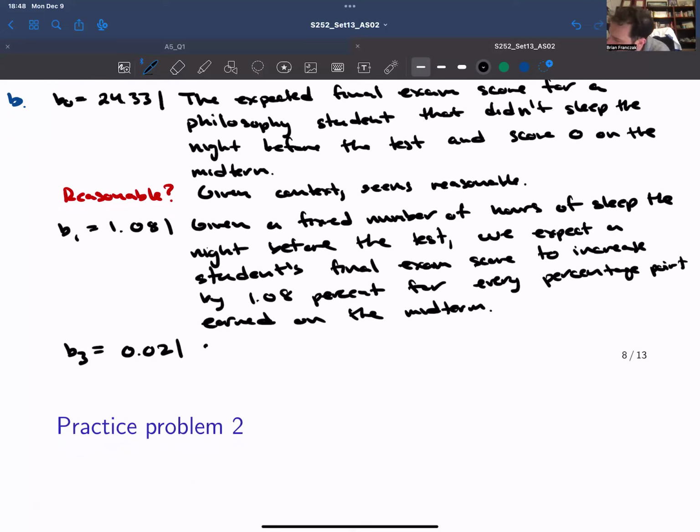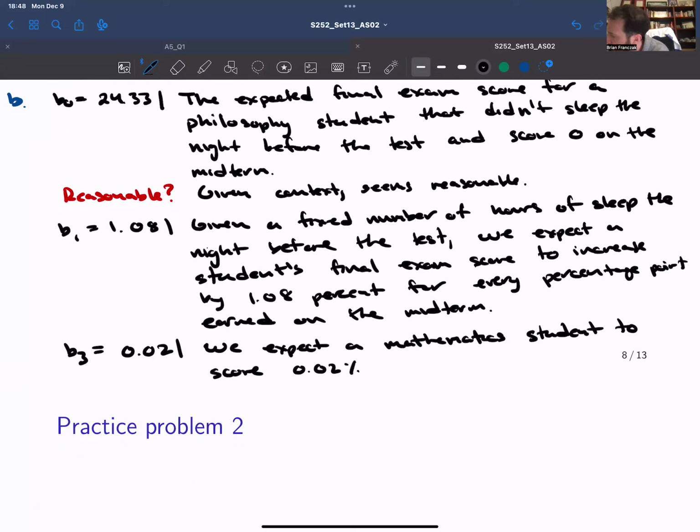So this is saying we expect a mathematics student to score 0.02% higher than a philosophy student.